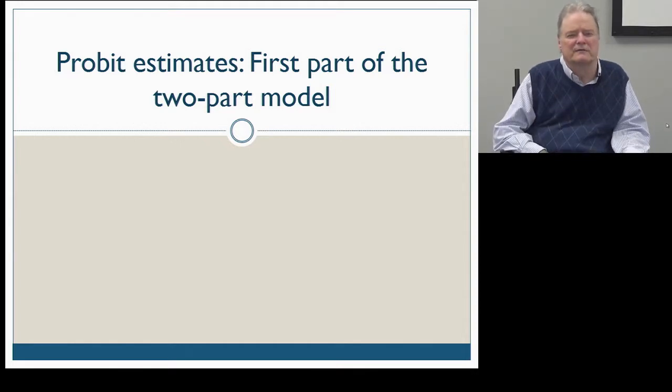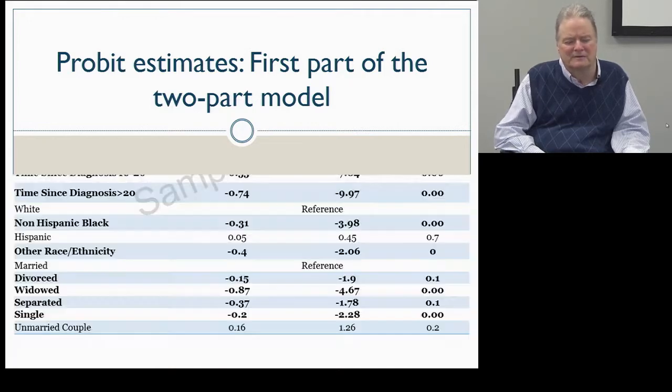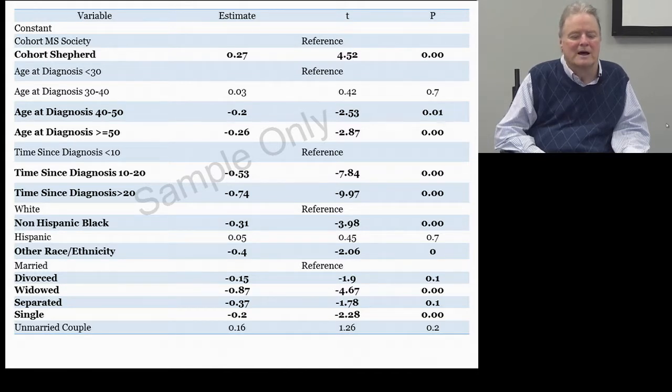So the first part of a two-part probit model needs to estimate the probability of employment. I'm putting the probit estimates up. You can see the significance in the last column, and these are things that would be significant in the equation, and we ultimately will link these to the probability of employment in an upcoming slide.